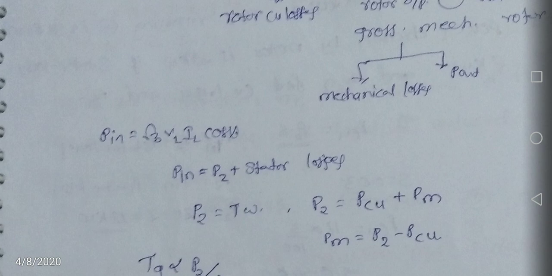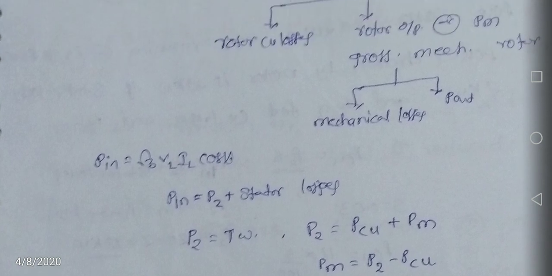Here one more: P2 equals PCU plus PM. Here P2 is the rotor input. Rotor input power P2 equals rotor copper losses plus the gross mechanical power developed by the rotor.